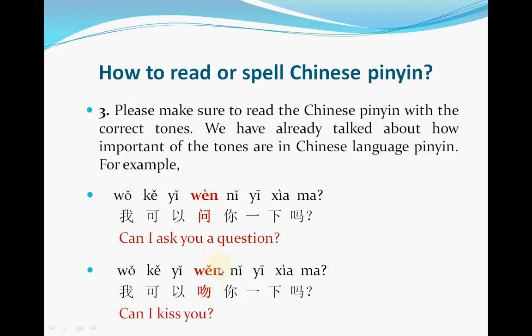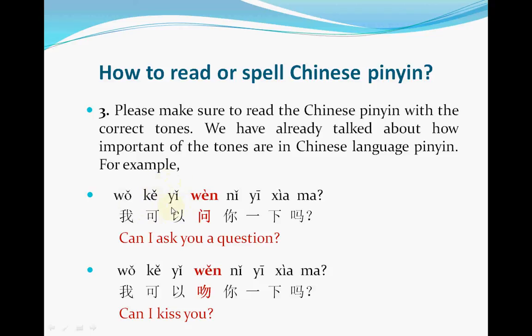Okay, now I will take this sentence as an example to show you how to read or spell Chinese pinyin. You read the initial first and the final, and at the end of the spell, you read the initial and the final together with the correct tone. 我可E.